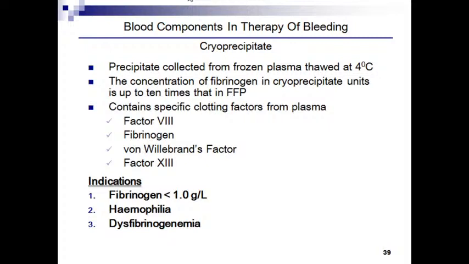Cryoprecipitate contains specific clotting factors from plasma, such as factor 8, factor 9, fibrinogen, and von Willebrand factor. Indications for transfusion of cryoprecipitate are hypofibrinogenemia, less than 1 gram per liter, hemophilia, and dysfibrinogenemia.